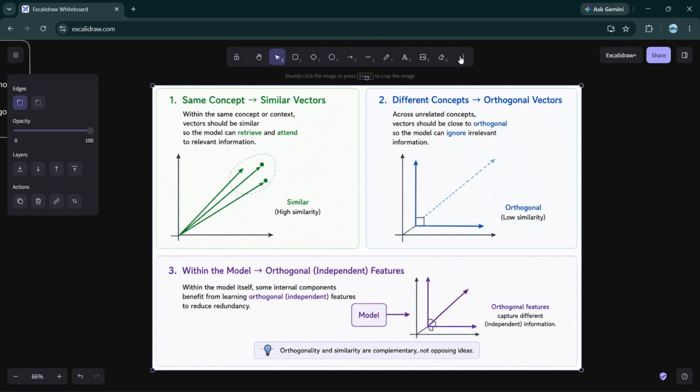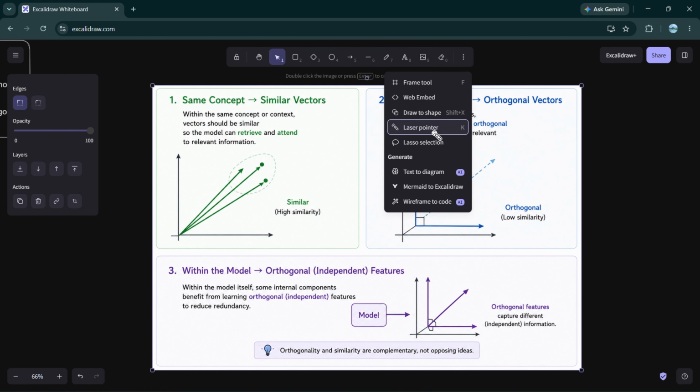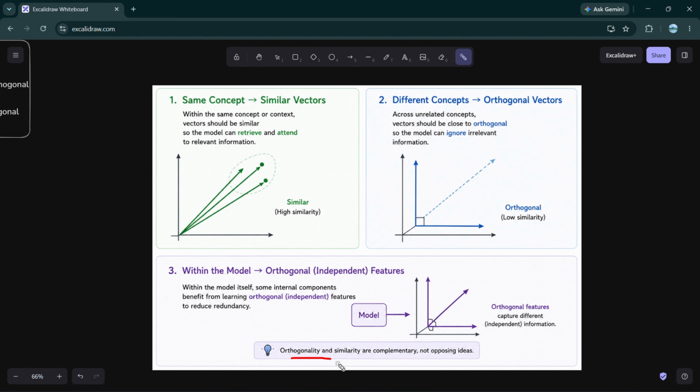Orthogonality and similarity are complementary but not opposing ideas. Within the same concept or context, vectors should be similar so the model can retrieve and attend to relevant information. Across unrelated vectors, they should be close to orthogonal so the model can ignore irrelevant information and reduce redundancy.